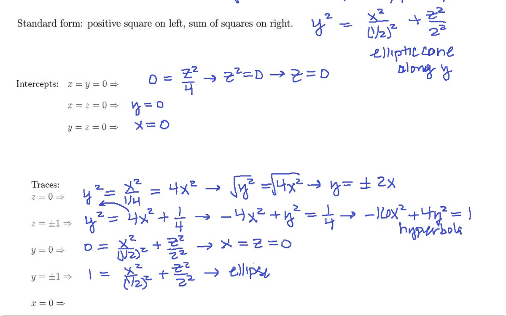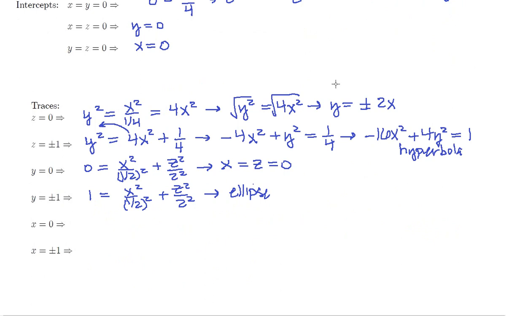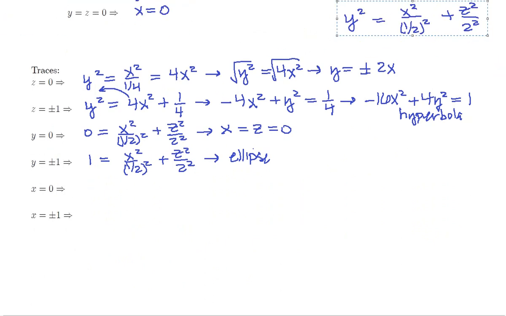And then let's grab this equation so we can bring it down. Put it right there. And then if x is equal to 0, then this term will drop out, and we'll just have the y squared and the z squared left. So this is going to give us y squared is equal to z squared over 4.